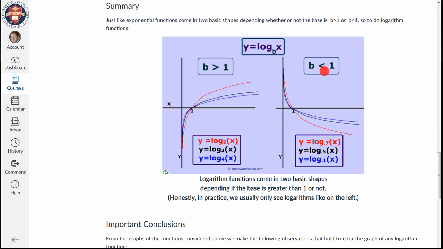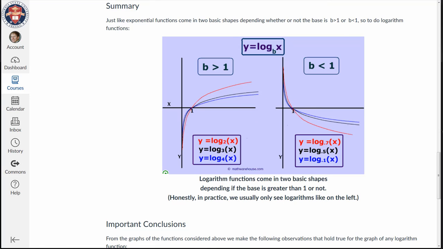And if the base of the logarithm is less than 1, then the graph is always decreasing, but it still always goes through that point 1, 0. That's a really important observation about logarithm graphs: the x-intercept of a logarithm graph is always at 1. So that's a good fact to remember.